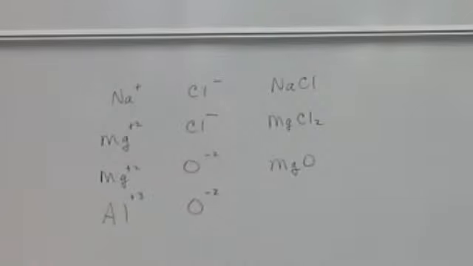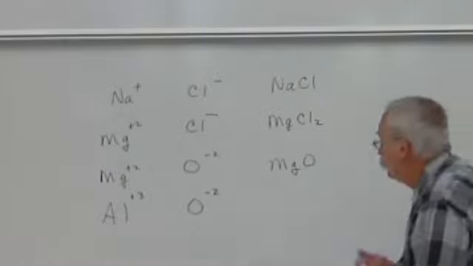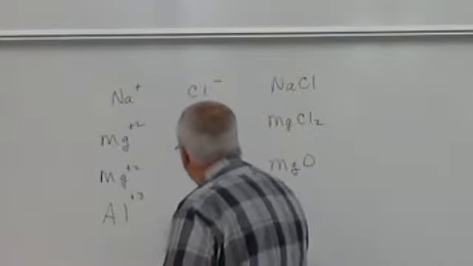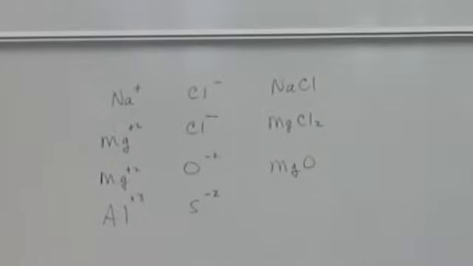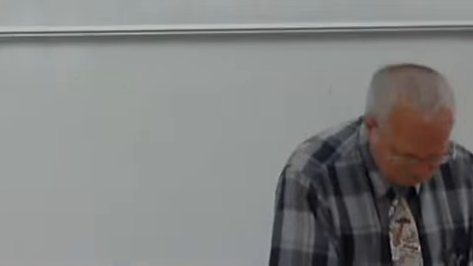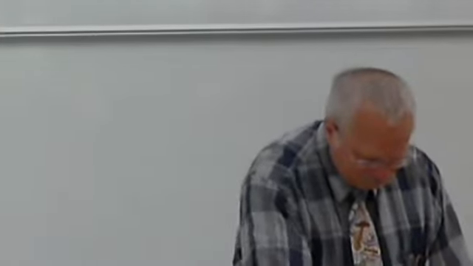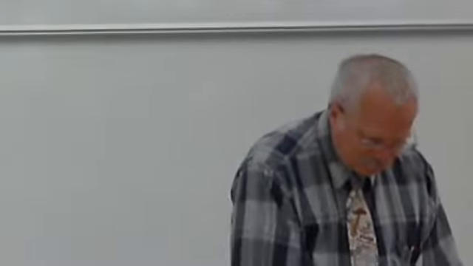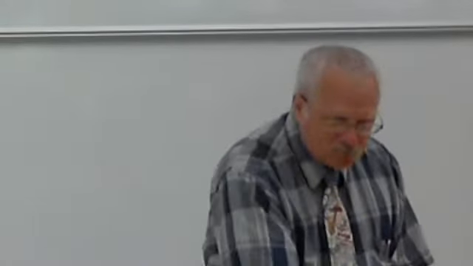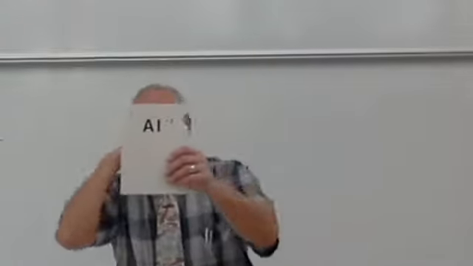Let me try some visual aids. I'm going to change my problem. Make it sulfur -2 instead of oxygen because I have sulfur cards. Okay, so here is an aluminum.